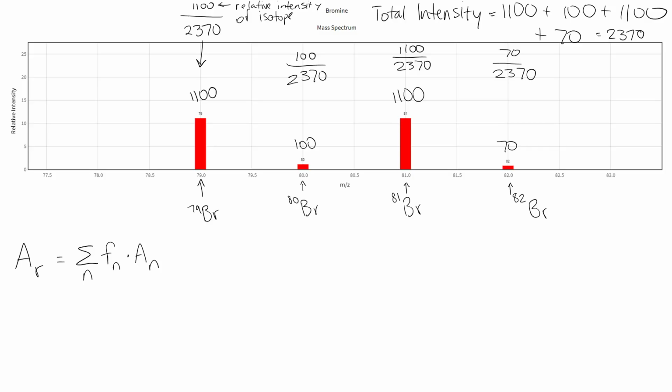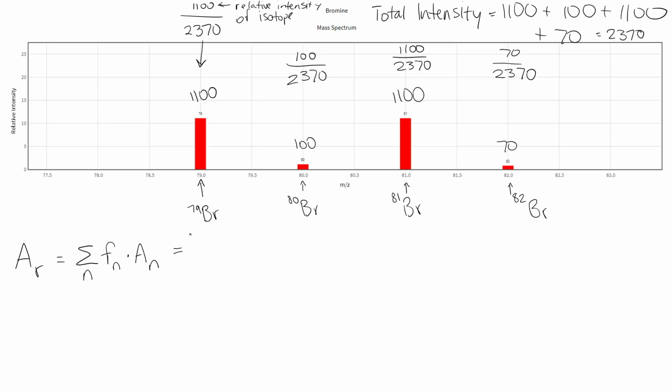Now we're trying to add up the fraction times the atomic mass. We have 4 different isotopes, meaning 4 different terms to add up.